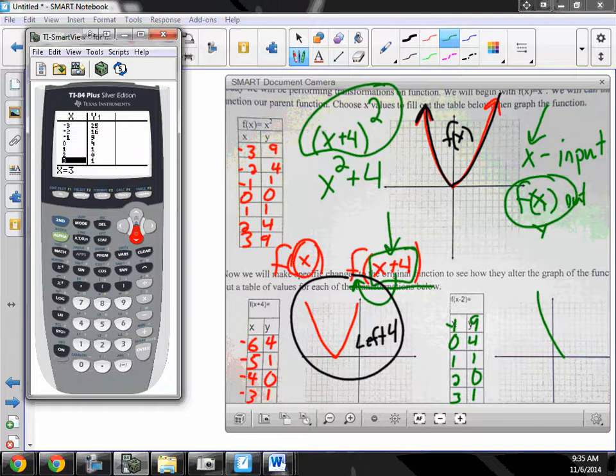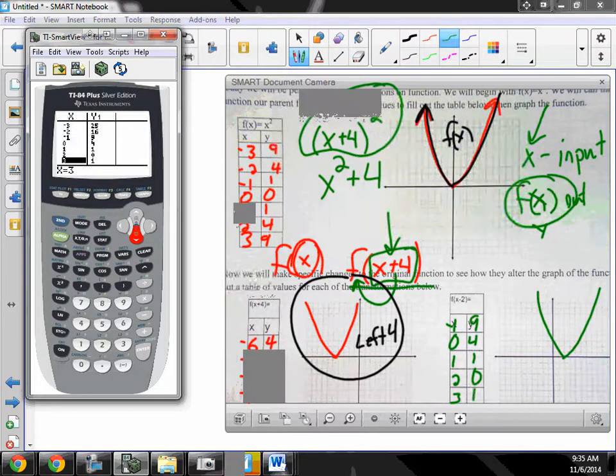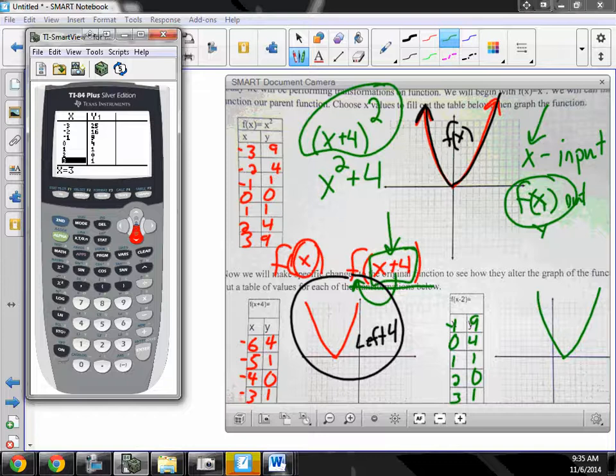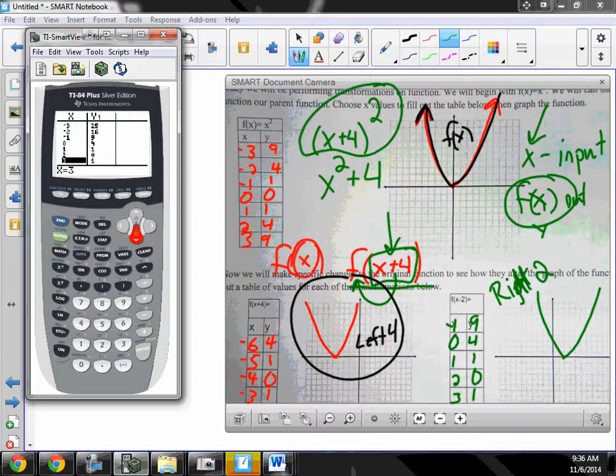And that graph looks like this. What effect did f of x minus 2 have on the function? It moved it to the right 2 spaces. Does that make sense to everybody? Anyone not able to do that on their calculator? Okay.